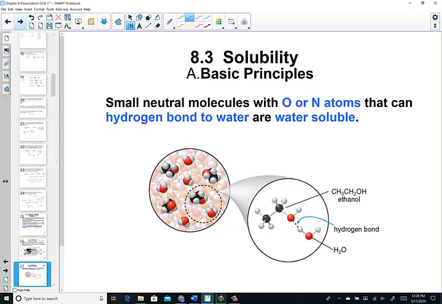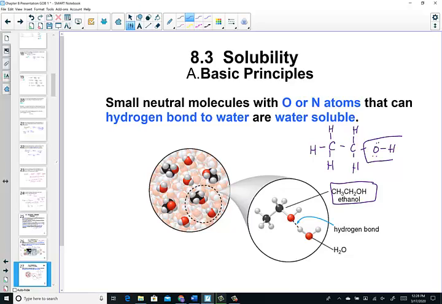Small neutral molecules with oxygen or nitrogen can actually form hydrogen bonds to the water and are water soluble. So here you can see, if I were to write out ethanol's Lewis dot structure, we'd have CH3CH2OH.